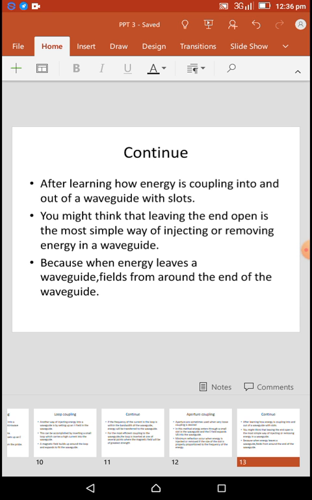After learning how energy is coupled into and out of a waveguide with slots, you might think that leaving the end open is the simplest way of injecting or removing energy in a waveguide. This is not the case, however, because when energy leaves a waveguide, fields form around the end of the waveguide.